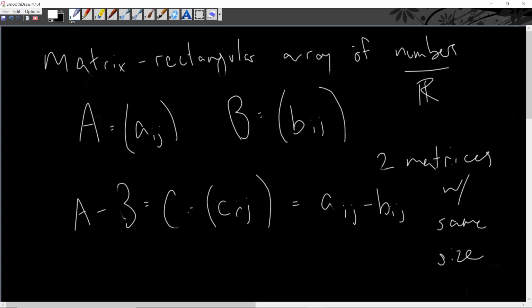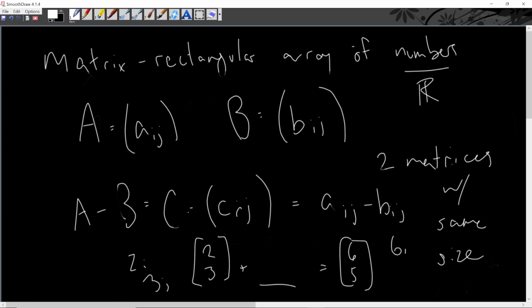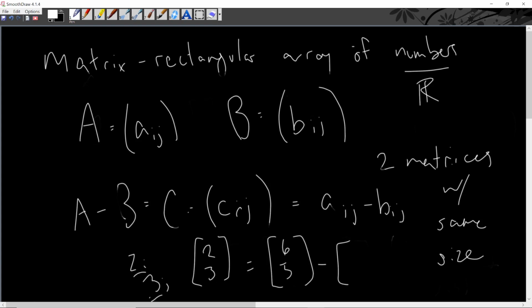Like when we had that 2, 3 plus something is equal to 6, 5, we had to convert to i and j format, so 2i and 3j, and 6i and 5j, and we actually had to subtract our i's and then our j's to see 4i and 2j, or this matrix 4, 2, to see that this expression is equal to 6, 5 minus 4, 2.